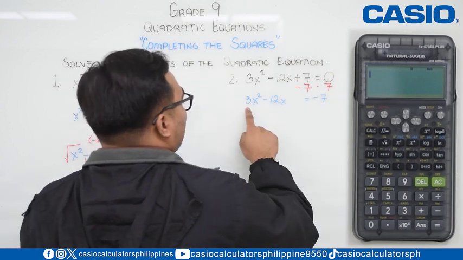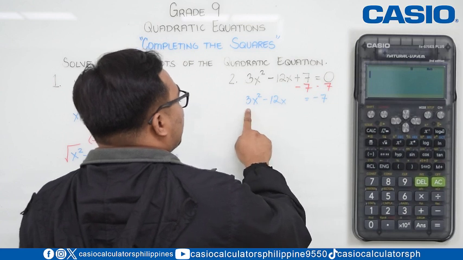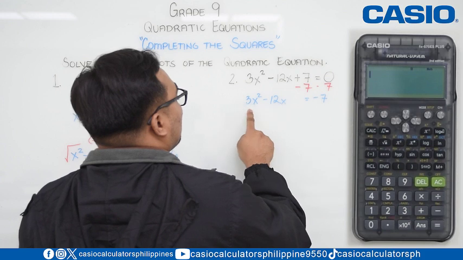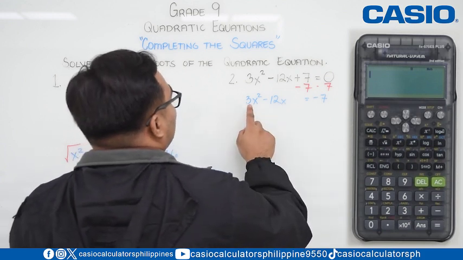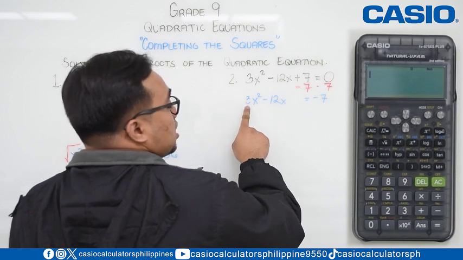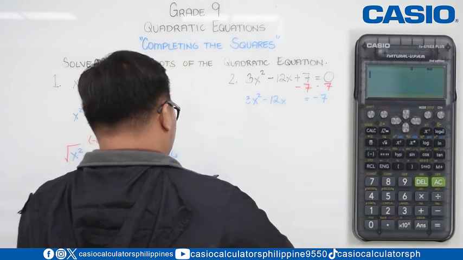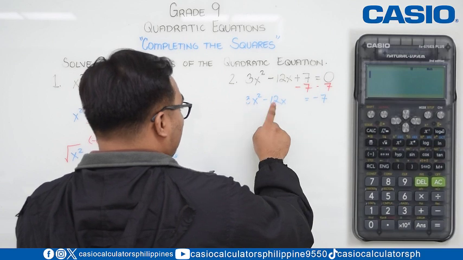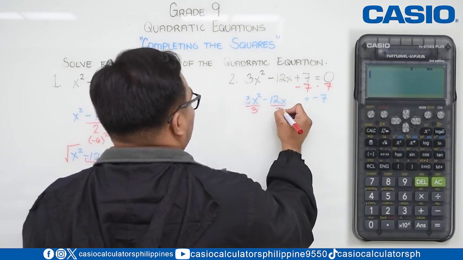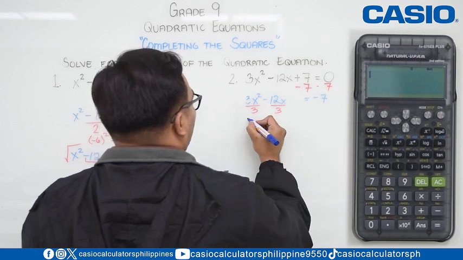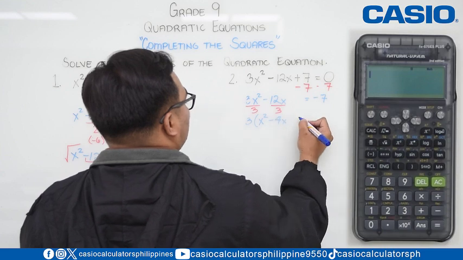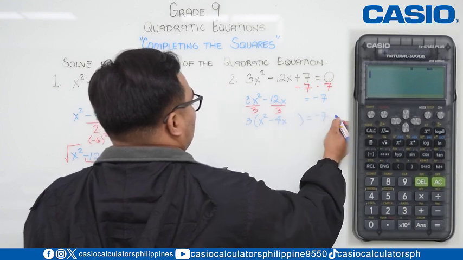And then we need to first perform factoring using the common monomial factor. So we need to factor out the 3. We need to divide both terms by 3, and then we have 3 multiplied by x squared minus 4x, then negative 7.